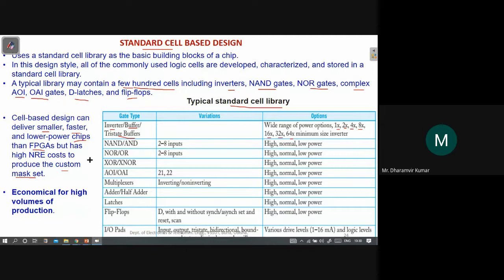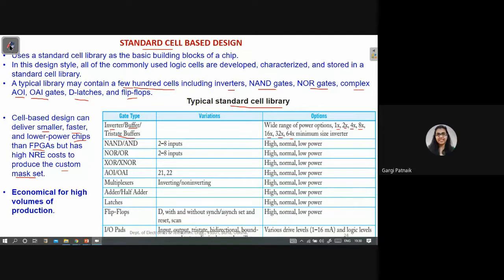So you make sure that you do not produce a malfunctioning chip, right? If there is any kind of malfunction, you rectify it. So this standard cell based design is also economical for high volumes of production.